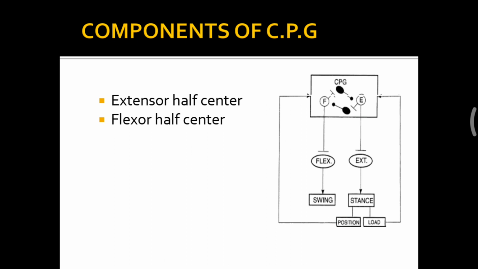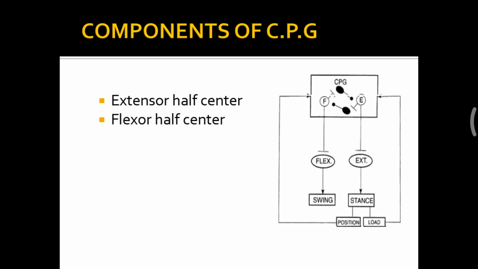When this circuit is activated, we'll come to what activates it, it first stimulates the extensor neuron. This extensor neuron has a direct connection to extensor muscles of the lower limb. In addition, it also has a collateral branch which goes and stimulates the second interneuron, the bottom black neuron which you see.